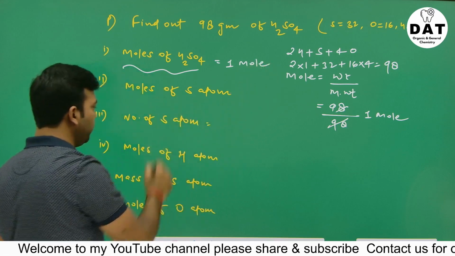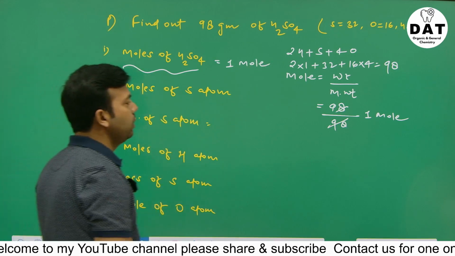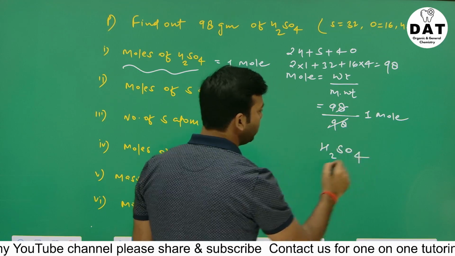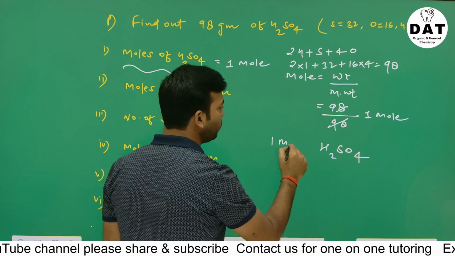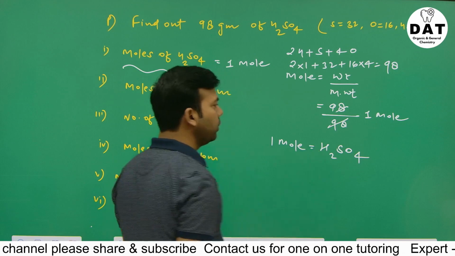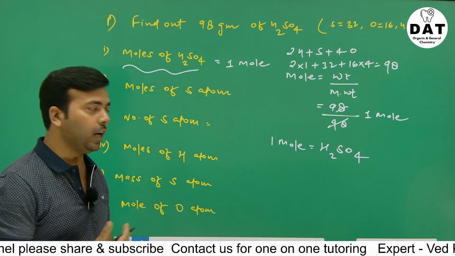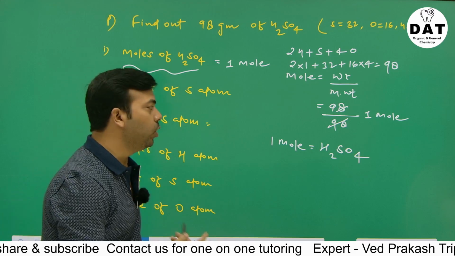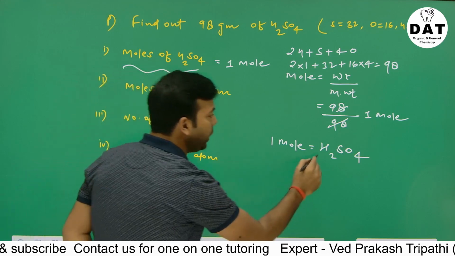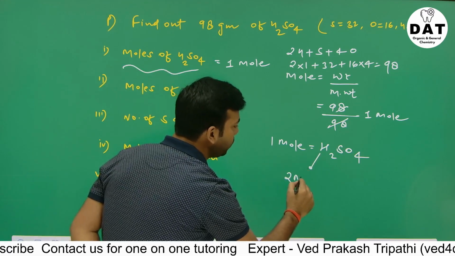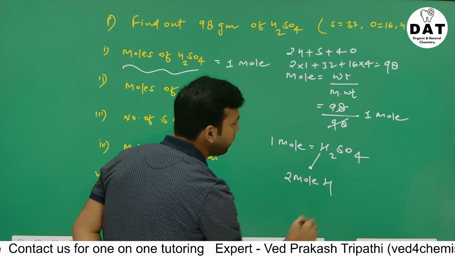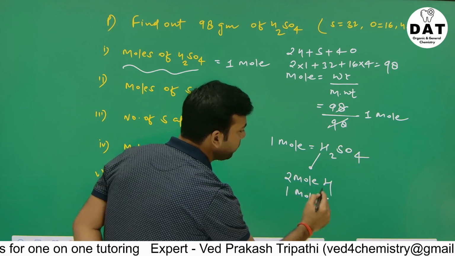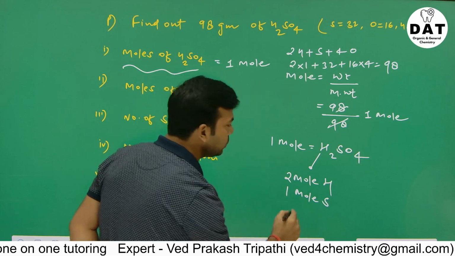Now this is very important. Look at the H2SO4 molecule. What does it mean? We got 1 mole H2SO4, so let's analyze it. In 1 mole of H2SO4 we have 2 mole hydrogen, 1 mole sulfur, and 4 moles oxygen.